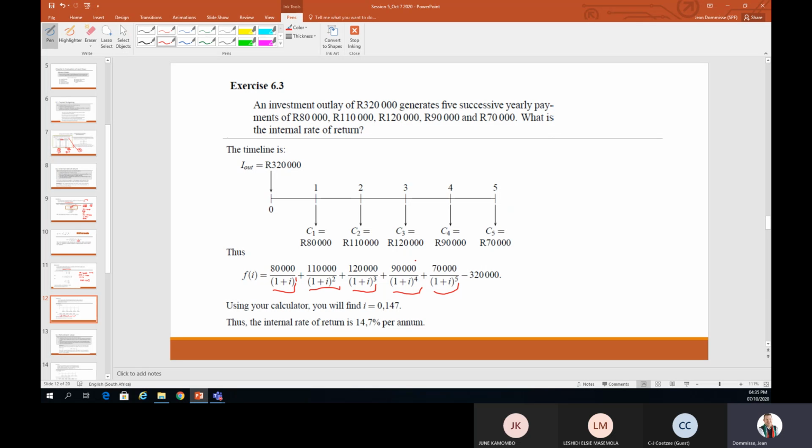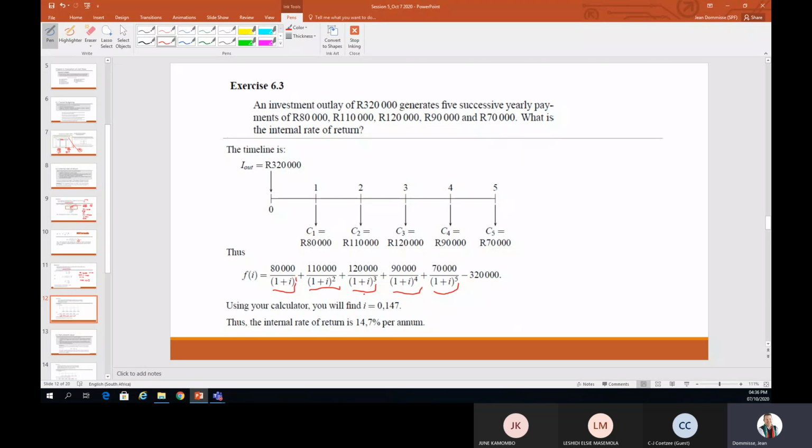And the amount that you are getting, you then subtract the 320,000, you will get a value, and that value you need to divide by the 320,000 again to see if you have made a profit or a loss on the investment.